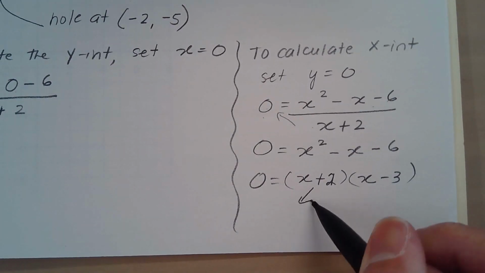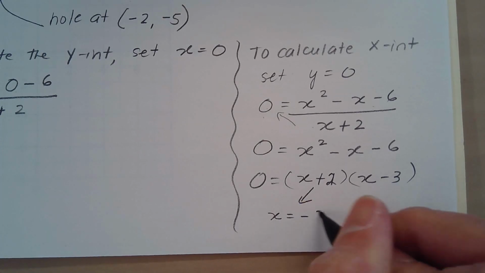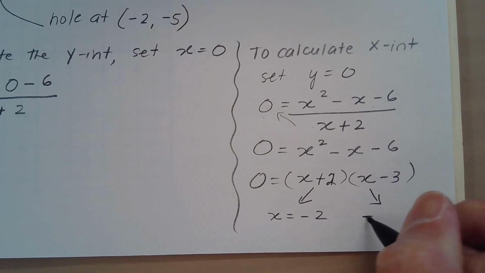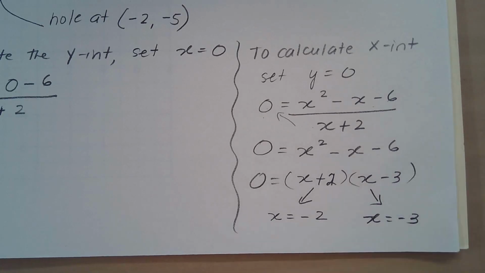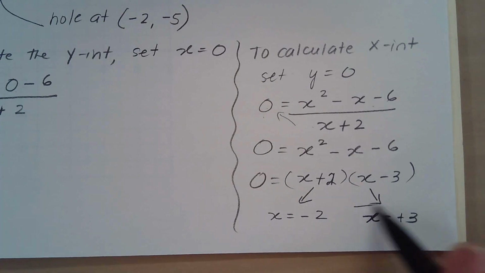So we have two possibilities: x equals -2, x equals 3. Oh, x equals -2, hey, that's my non-permissible value. So this can't be the x-intercept. The x-intercept has to be this one.